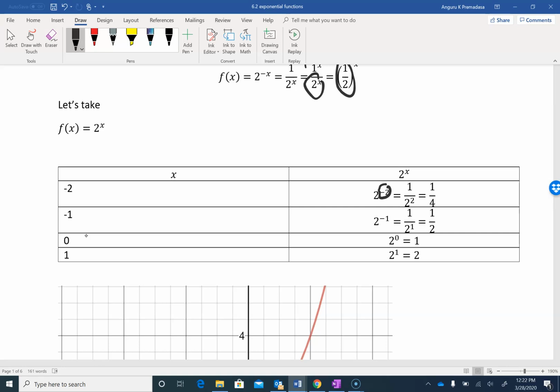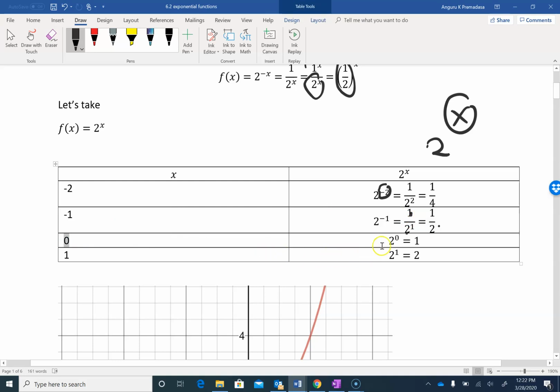At negative 1, you go up to 2 to the x and plug in negative 1, so you get 2 to the negative 1, which is 1/2. And then if you go to 0, you get 2 to the 0.